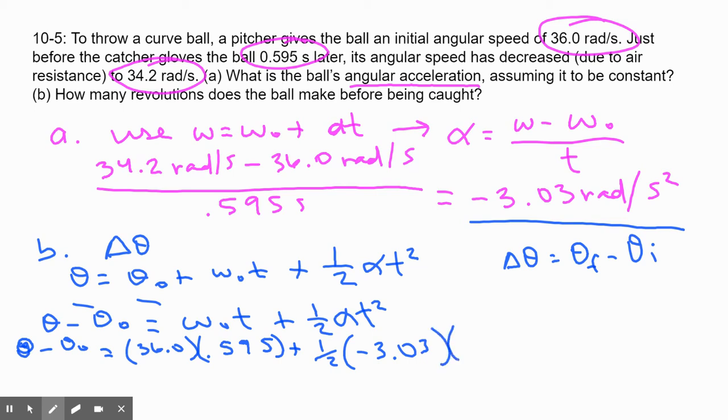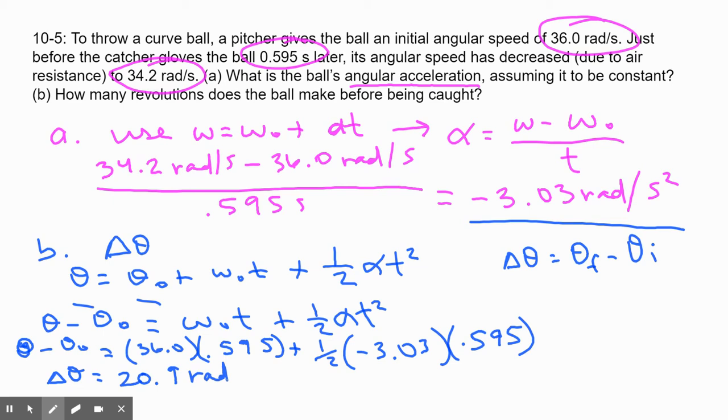And finally, we have time again, so 0.595. And when we calculate this, we will find that our change in theta is 20.9 radians. Now, we were not asked for radians.